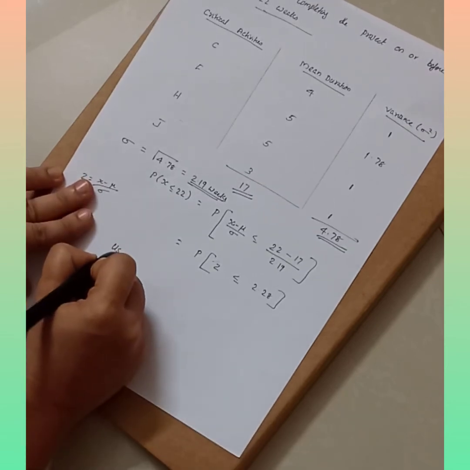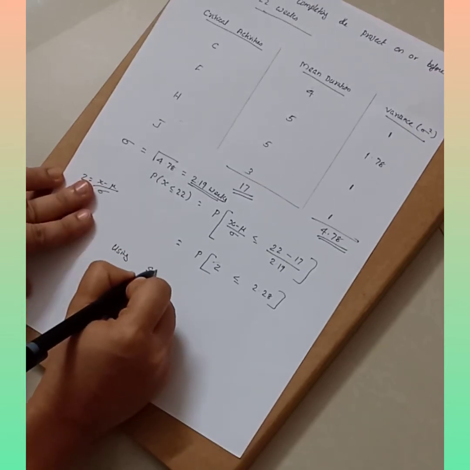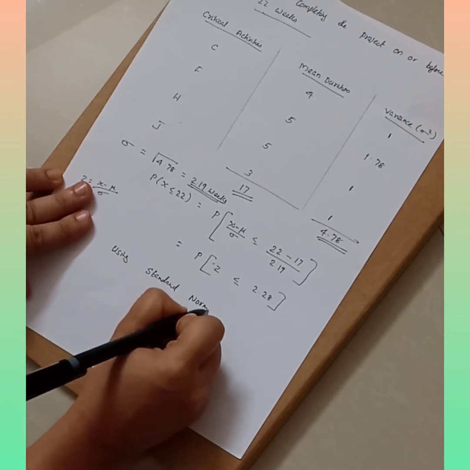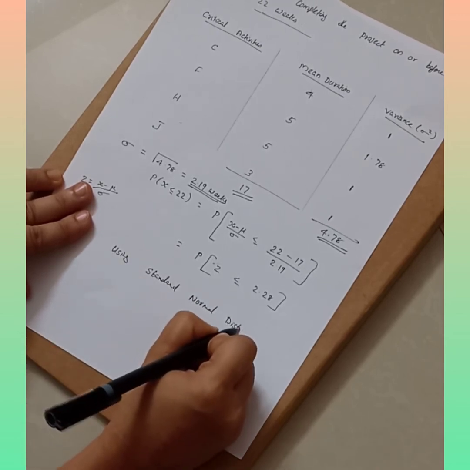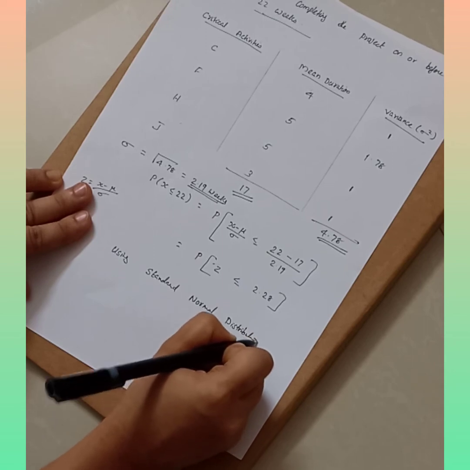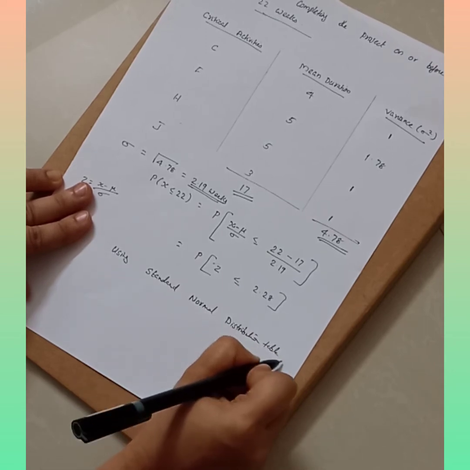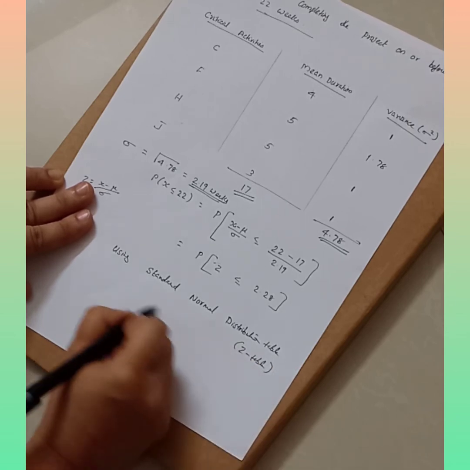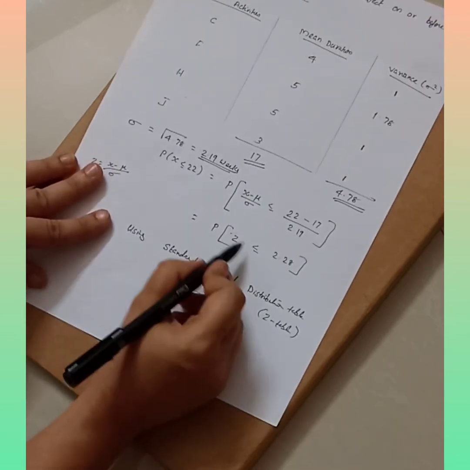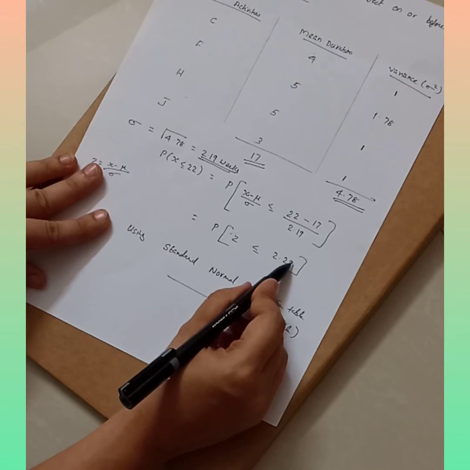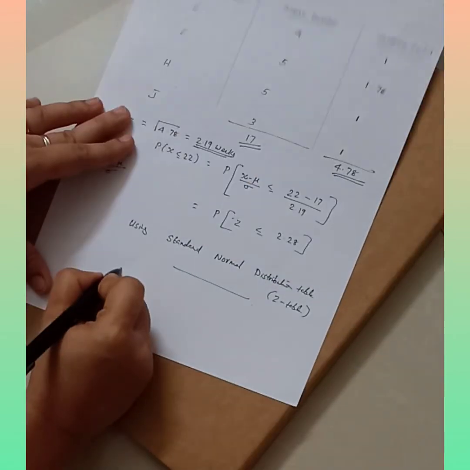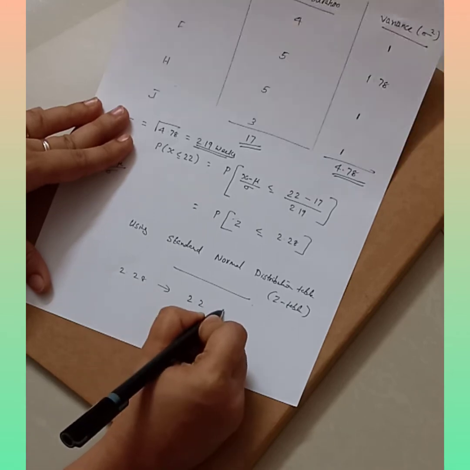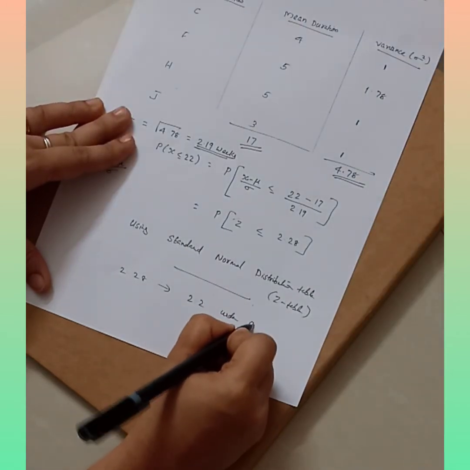Using the standard normal distribution table, or you can call it the Z table, you should look for 2.2 under 0.08. So 2.28 can be represented as 2.2 under 0.08.